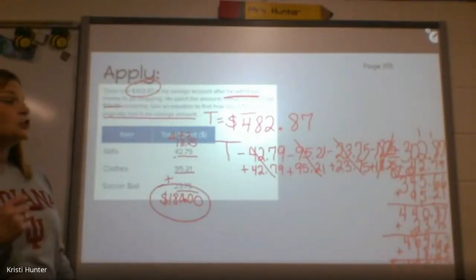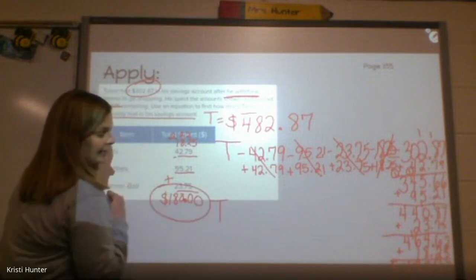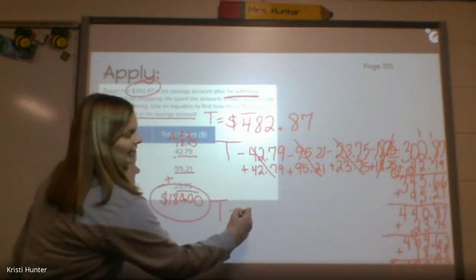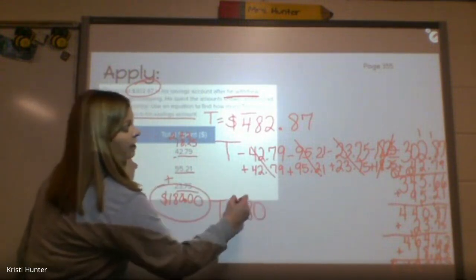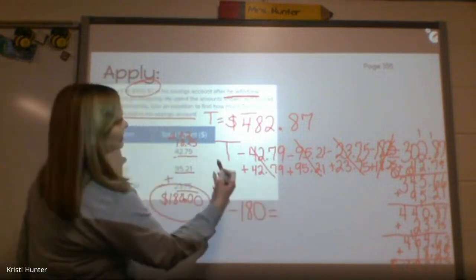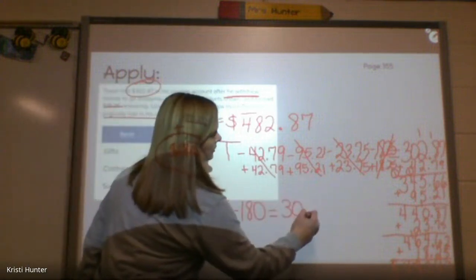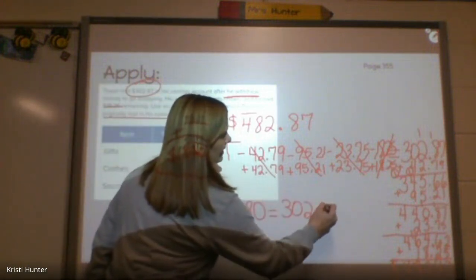$180. So if you're thinking of your equation that way, you're thinking, well, Tyson had some money in his savings account. He spent or took out $180, and that left him with the same amount that it told me, $302.87.